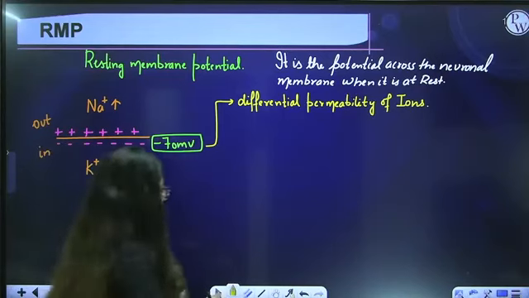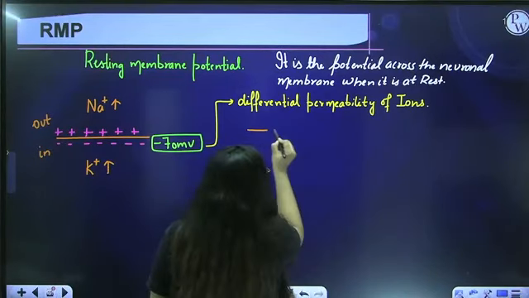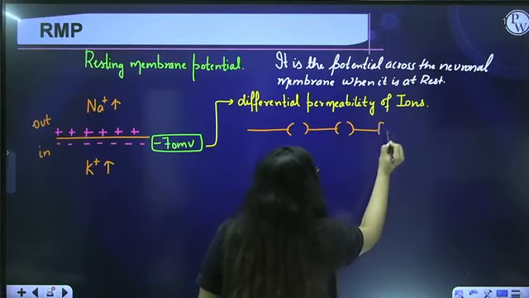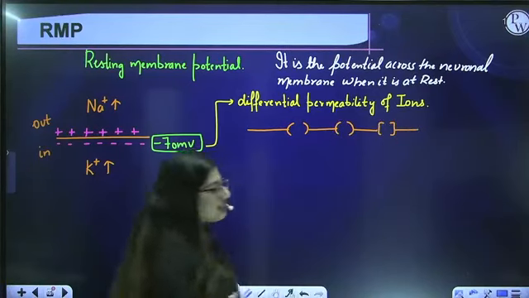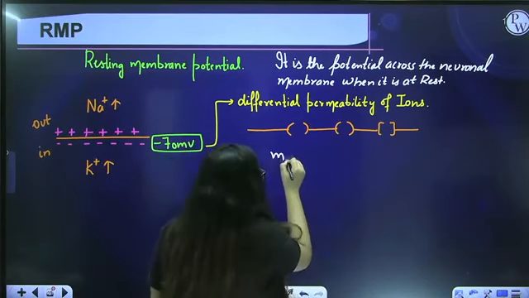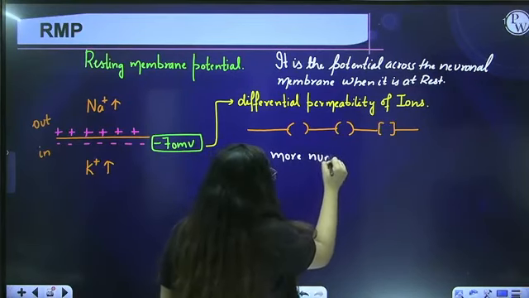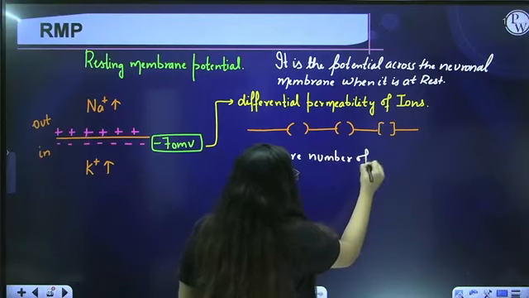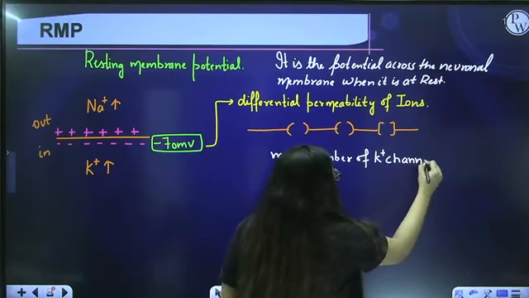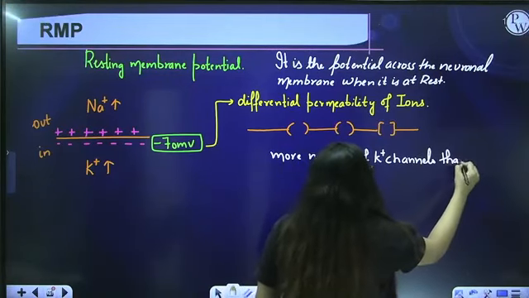For example, if I say this is a cell membrane, it has more potassium ion channels than sodium ion channels.